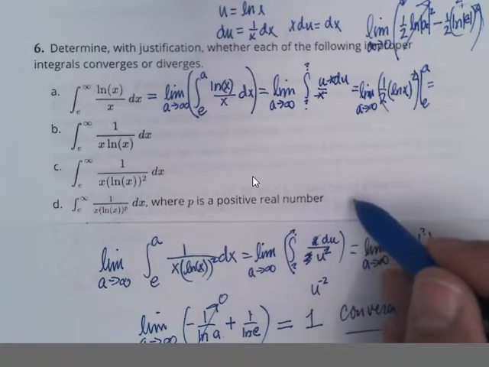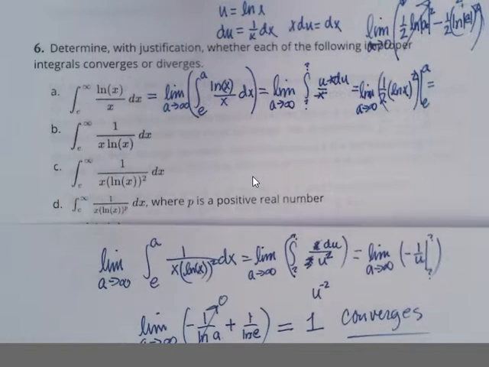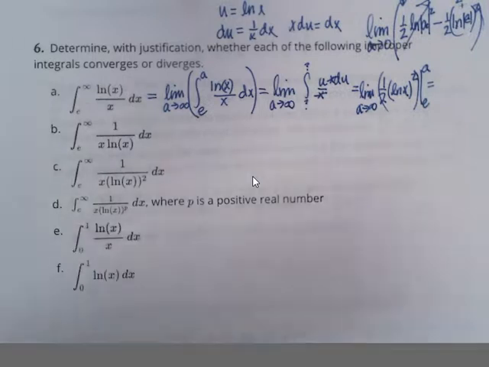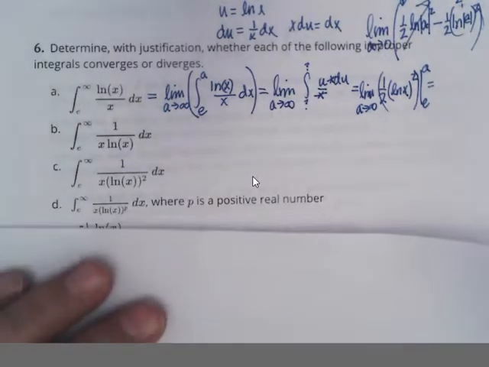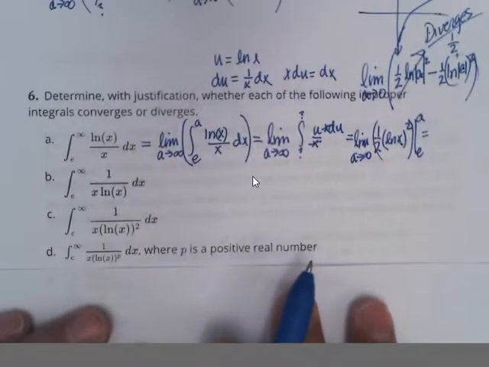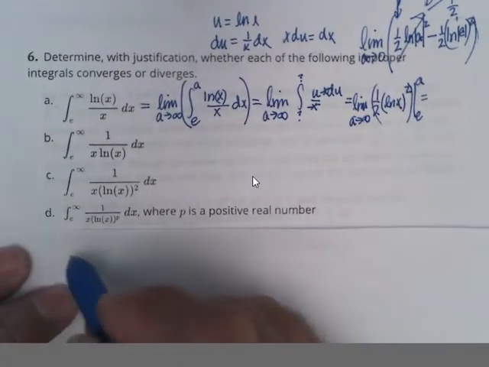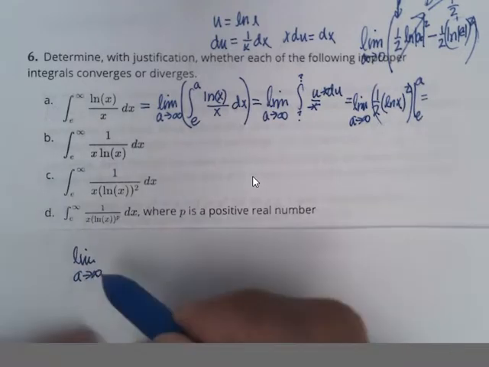Oh, they said it converges to 1 over p minus 1. I better take that back and let's actually do this one. Okay, same u substitution. You can see that up there. So I'd have the limit as a goes to infinity.